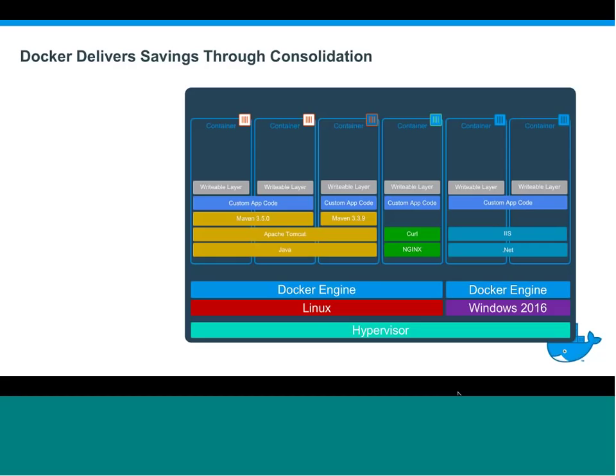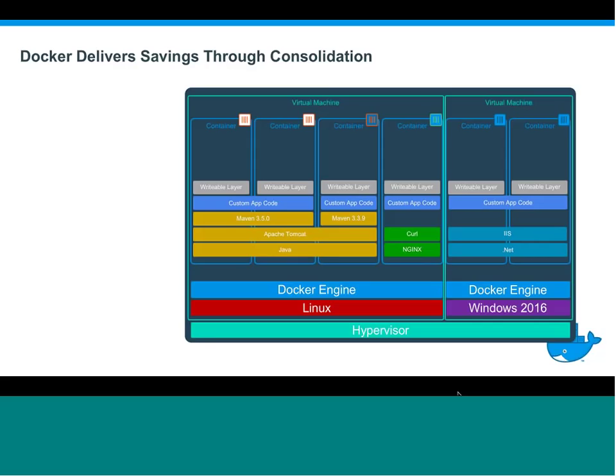What I showed you, though, was Docker running on Linux and Docker running on Windows. That can be on bare metal, or it can also be running on a hypervisor. So we can actually do all of this running inside a virtual machine. You have your hypervisor, you have a Linux VM and a Windows VM, you install Docker on top of those, and then you run multiple containers inside that Linux VM or Windows VM.